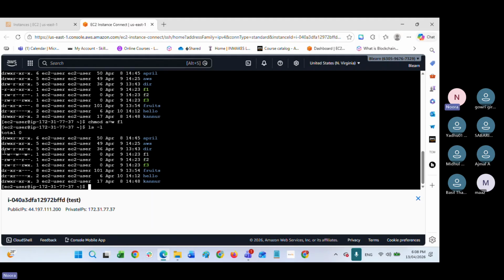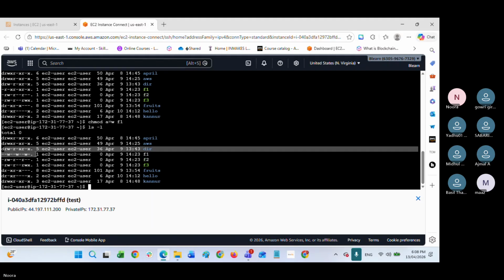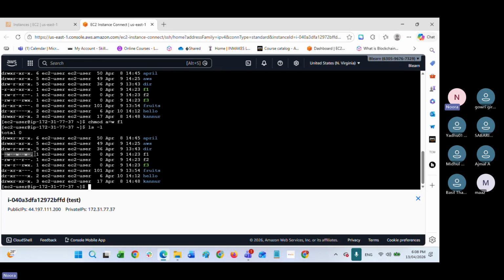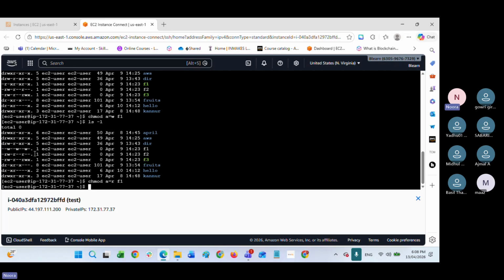See? Okay, now see this. chmod a=r f1. Now can you tell me what will be the expression? r-- r-- r--. Exactly.